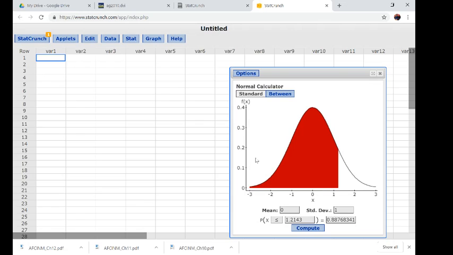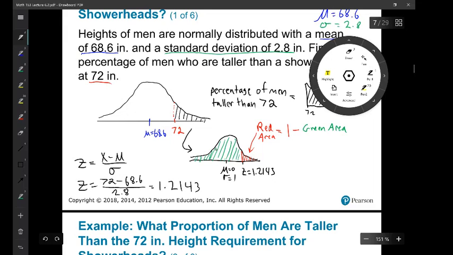So we get the area to the left of our z-score is 0.8877. So we have 1 minus 0.8877.